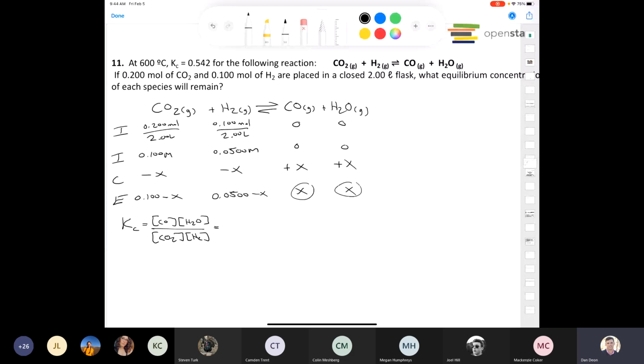On the top, we have x and x, so x squared, divided by 0.100 minus x times 0.0500 minus x, and all of that is equal to my Kc, which is 0.542.